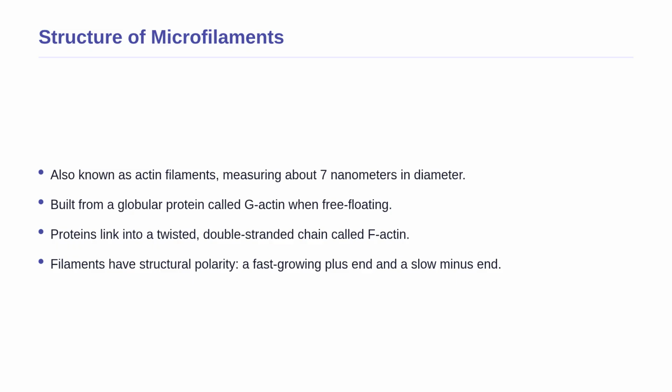When these proteins are floating freely in the cellular fluid, we call them G-actin. When they link together, they form a twisted, double-stranded polymer chain known as F-actin. A crucial feature of these chains is their structural polarity. This means the two ends behave differently. They have a plus end that grows very quickly and a minus end that grows slowly or even loses pieces.